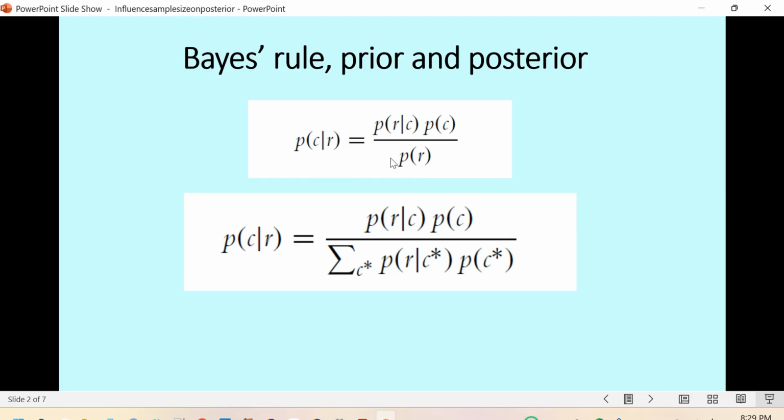And the denominator is called evidence or the total probability, which equals all the likelihoods multiplied with all corresponding values for probability C. So here we use P asterisk for different values of C, and here the prior is for a given value.